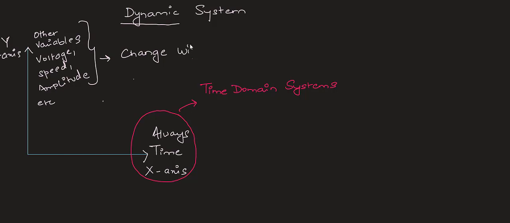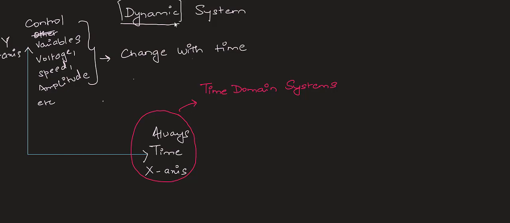The definition of a dynamic system is that the control variables change with time. That is what a dynamic system represents.